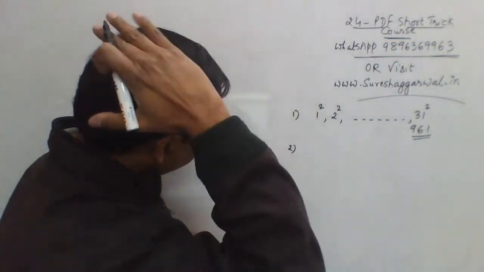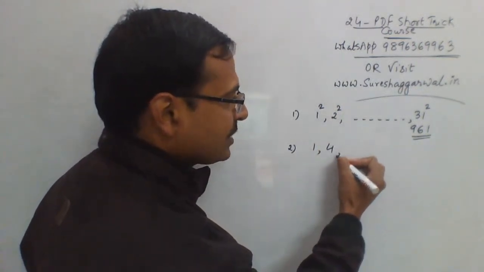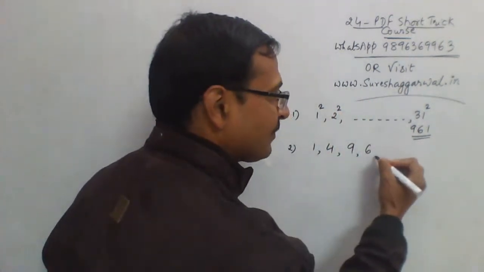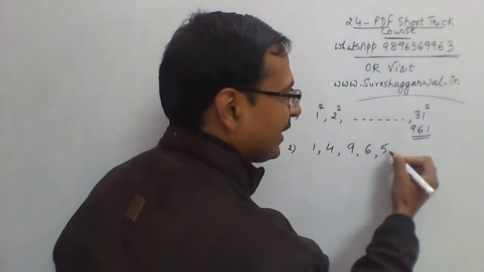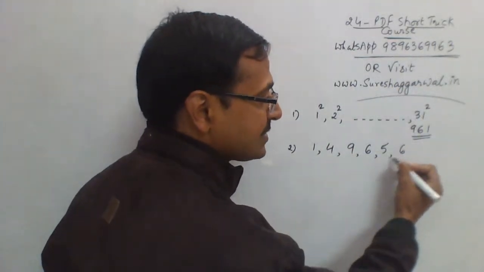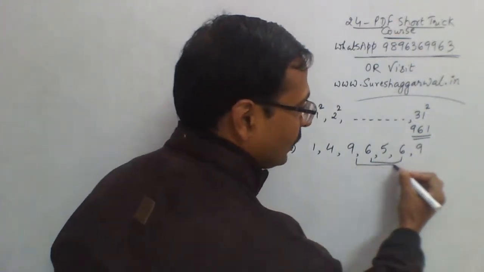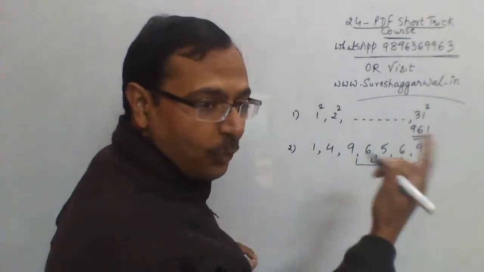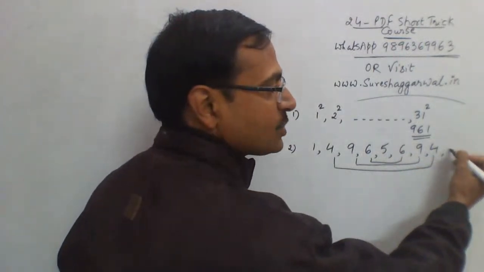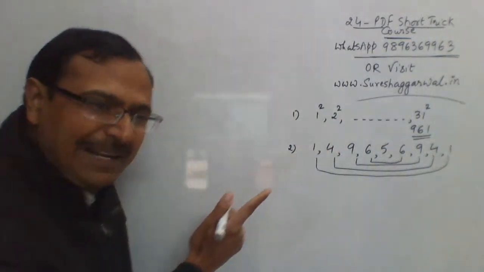You can see 1 square is 1, which ends with 1. 2 square is 4, so ends with 4. 3 square is 9, so ends with 9. 4 square is 16, so ends with 6. 5 square is obviously 25, so ends with 5. 6 square, now watch the pattern. 6 square is 36, that ends with 6, so these two are equal. 7 square is 49, ends with 9, so these two are equal. 8 square is 64, so ends with 4, so these two are equal. 9 square is 81, so ends with 1, so these two are also equal. Look at that, the pattern.